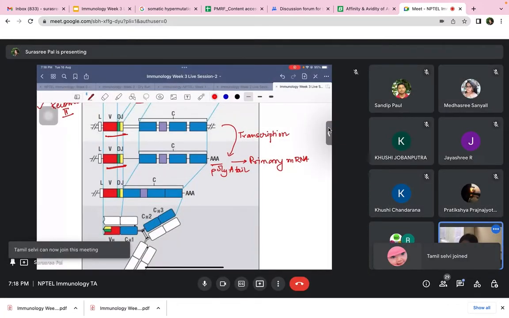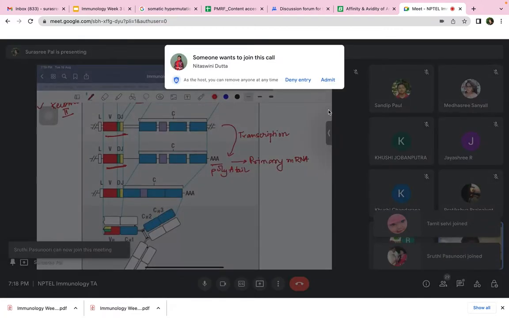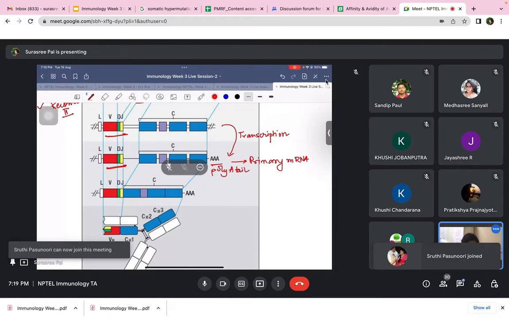Alright, so this is the primary mRNA, and as we all know, primary mRNA undergoes a particular event to form the mature mRNA. What is it? Can someone tell me?